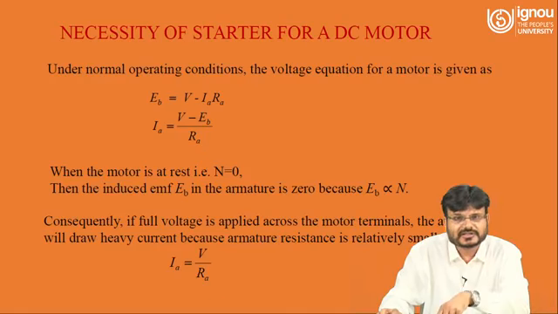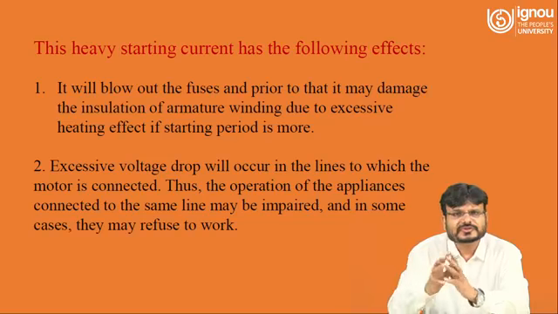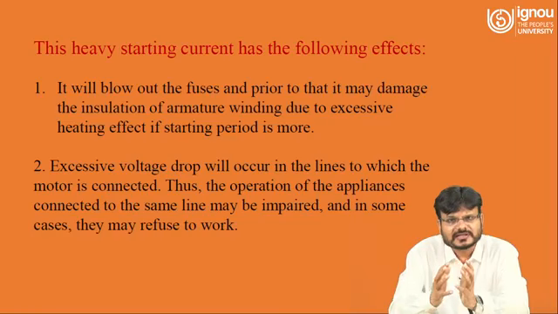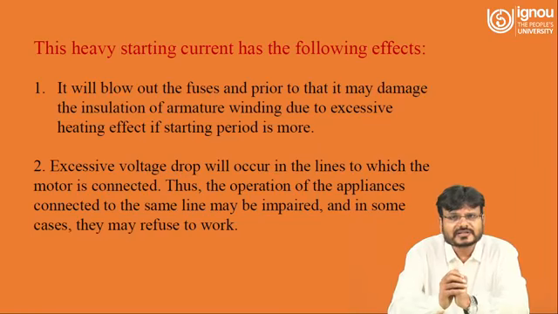And this high armature current may cause different problems in the DC motor. This heavy starting current has some dangerous effects. What will happen if this high current flows in the DC motor?